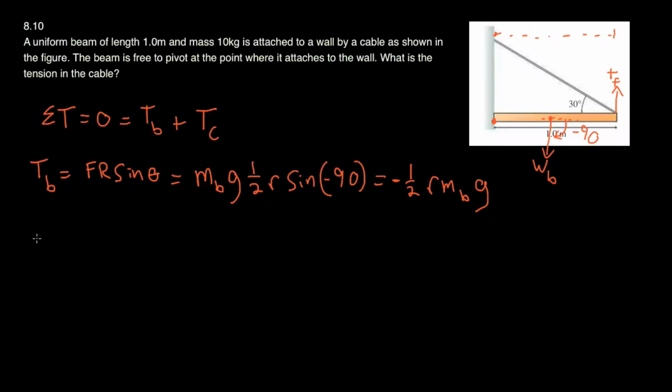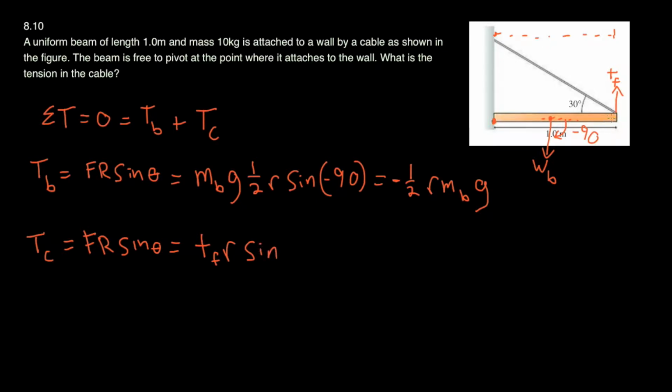Now let's go ahead and find the torque provided by the cable. So again, it's just going to be Fr sine theta. And this is equal to the force here, which is just going to be the tension force, which I'm going to write as a little t, tensional force, times r, which is just going to be regular r, right, because it's from the wall to there. And then the sine of theta.